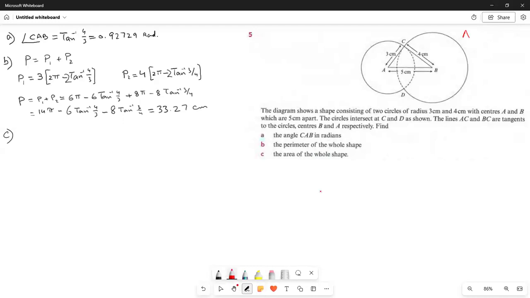So the area of a circle is pi r square, and the area of a sector, or let me call it sector area, is equal to half theta r square. And you can see if I put 2 pi inside of theta, it will become pi r square.